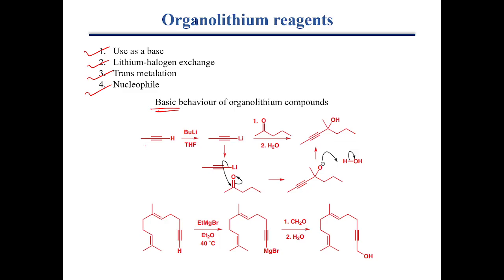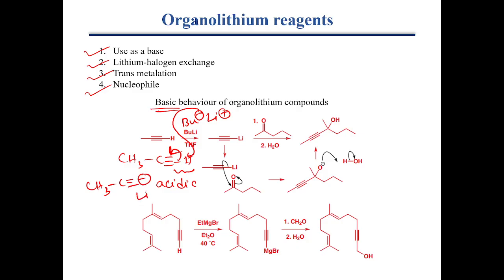If we consider this alkyne, this is an sp proton, so it is acidic in nature. As butyl lithium is butyl minus and lithium plus, it can abstract this proton, and this negative charge will react with lithium plus, so it forms the C-Li bond.